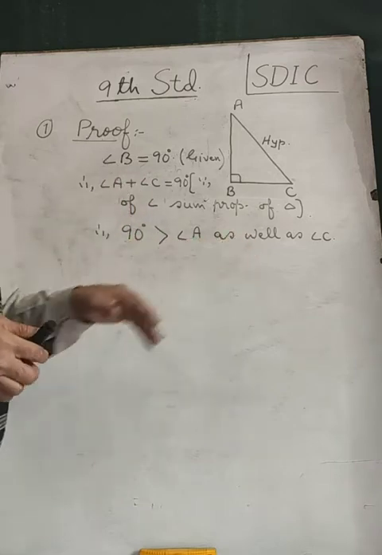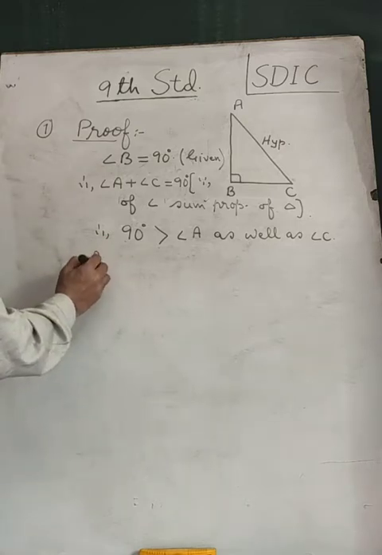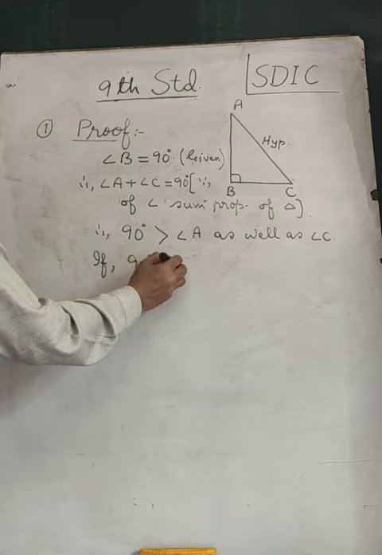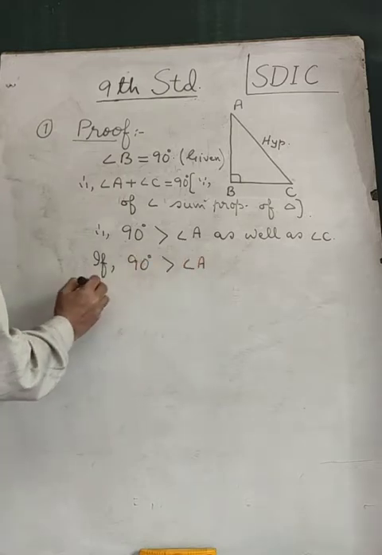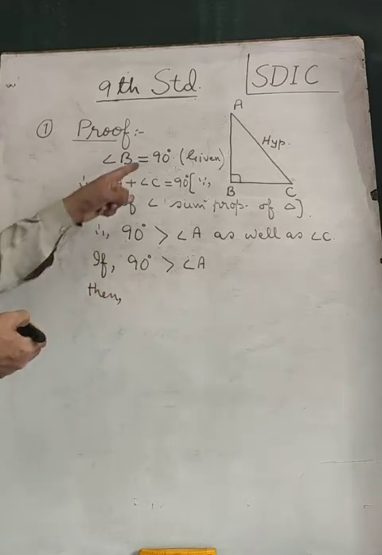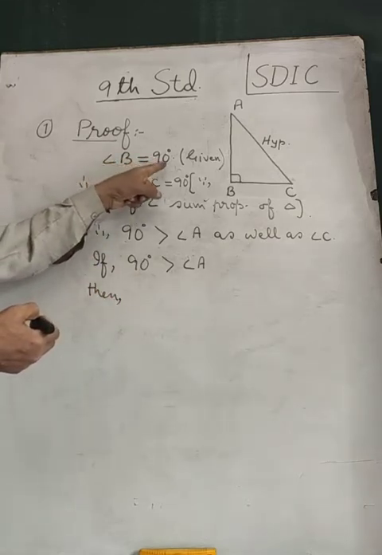Now we will use these one by one. If 90 degrees is larger than angle A, we already know angle B is equal to 90.